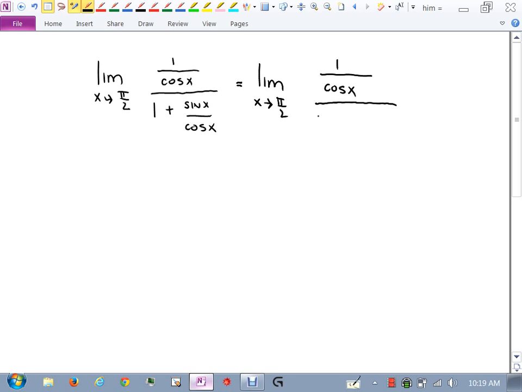This would turn into cosine x plus sine x over cosine x. Do you all agree? If I just put these two together with a common denominator, now flip it up. You'll know what I'm saying? Flip it up, and what do you get? Cancel the cosines, so what would be left?